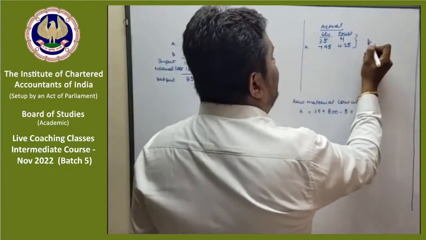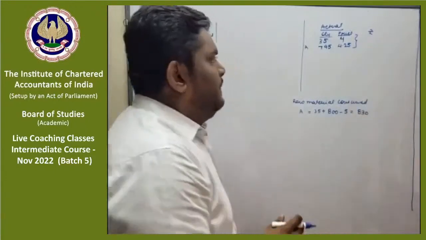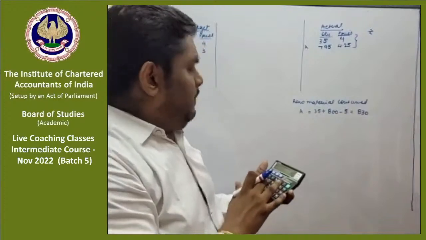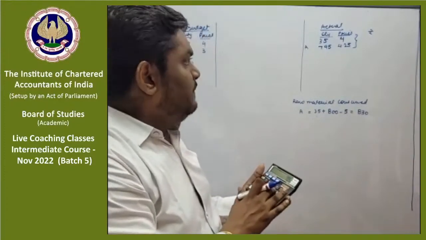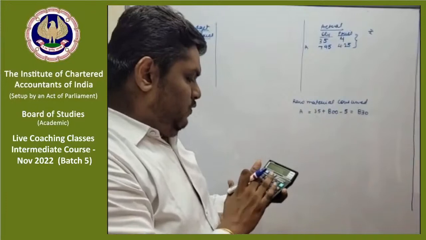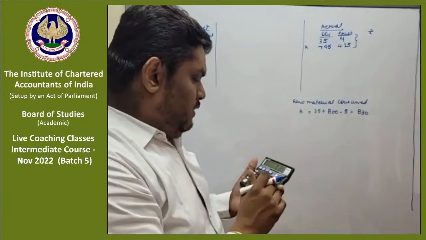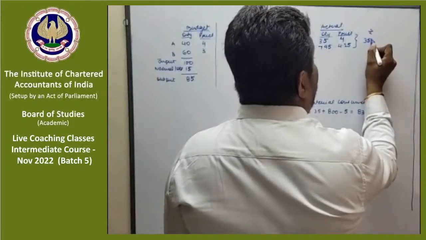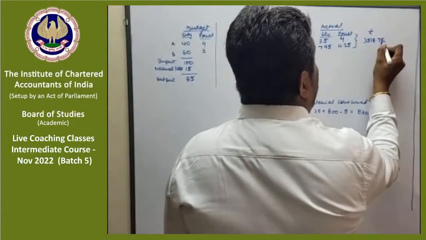So we will calculate the total amount for A. This will be 35 into 4 plus 795 into 4.25. So 3518.75.